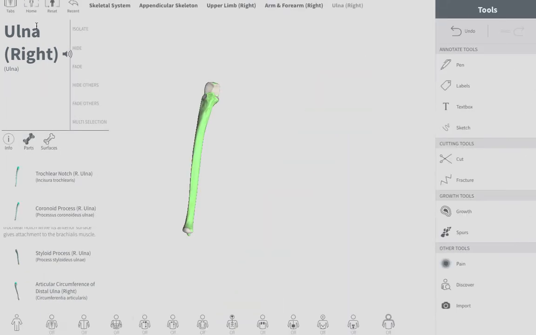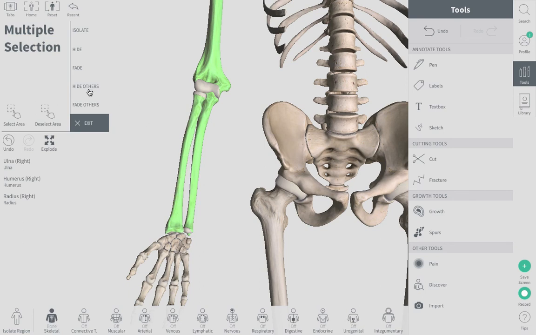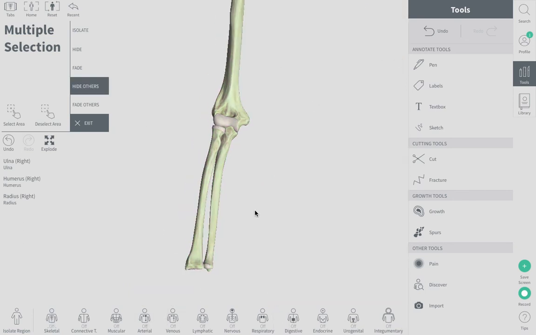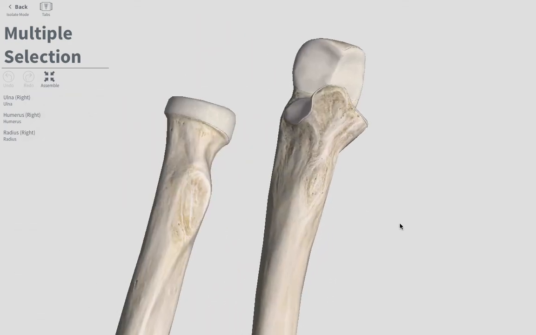So let's highlight our three bones and get a sense of how they all fit in together. So you can see right here where the radius is going to articulate in the radial notch of the ulna.